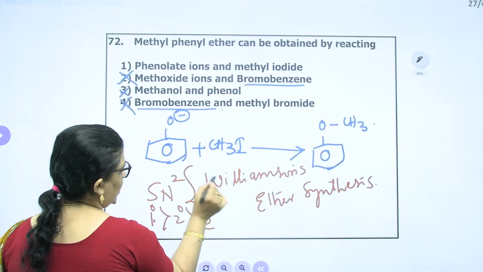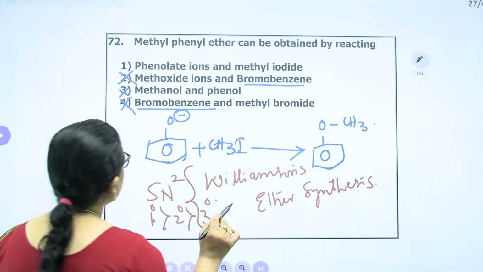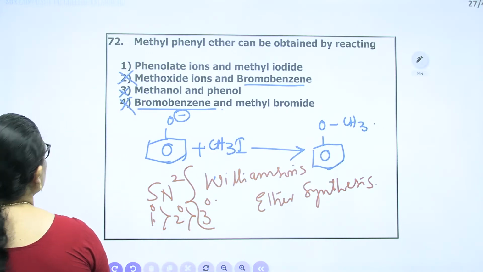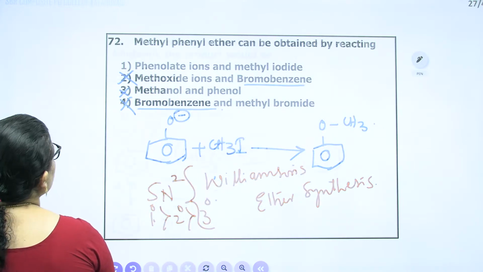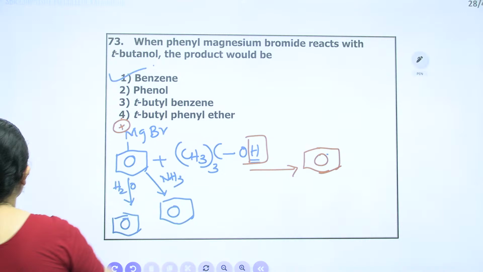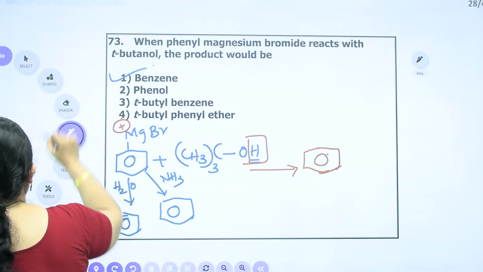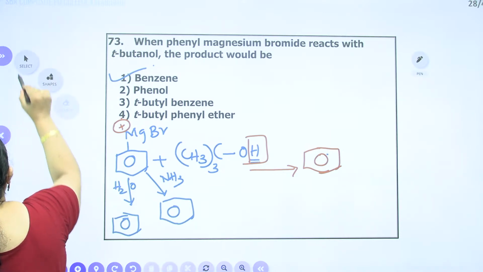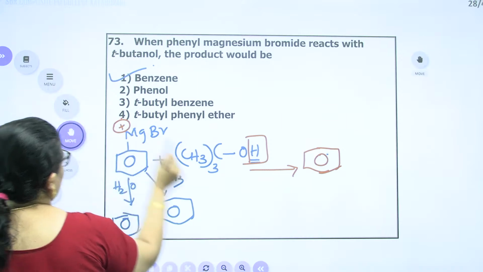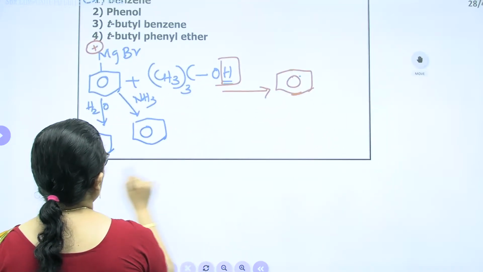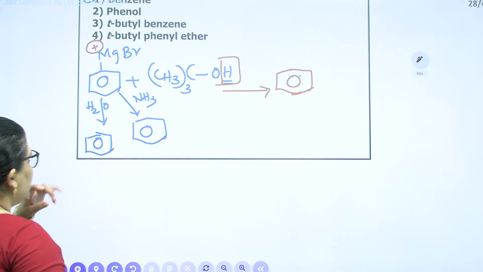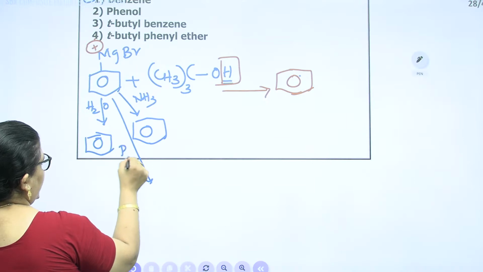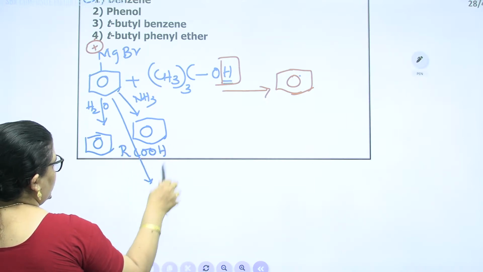Even with carboxylic acid also, it will produce benzene.